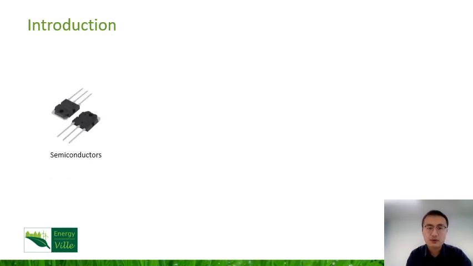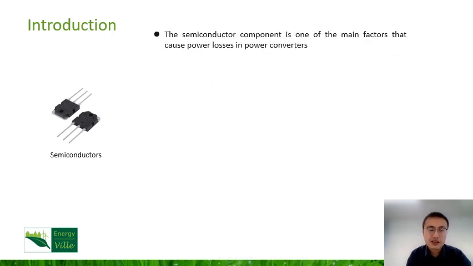As an essential component in power converters, semiconductor components are one of the main factors that cause power losses. So, in the power electronics design process, the selection of semiconductor components significantly impacts the performance of power converters. Traditionally, engineers tend to choose the components based on their experience, because it's impractical to manually inspect thousands of semiconductor components.